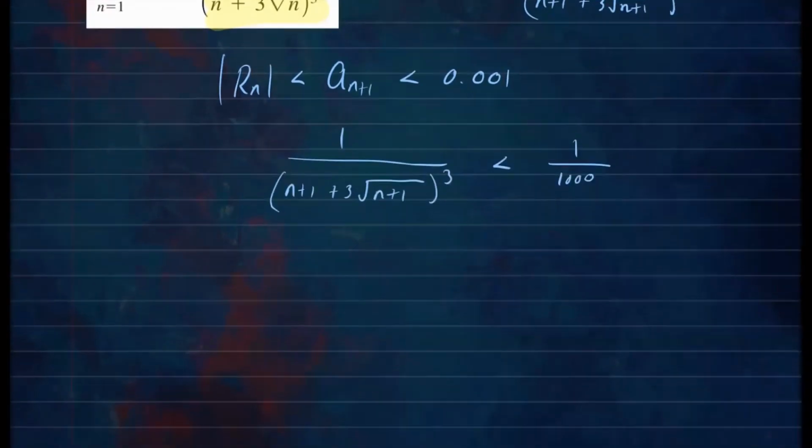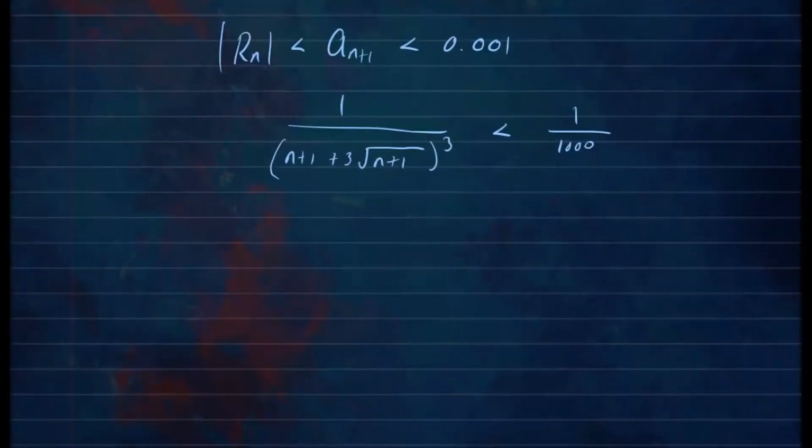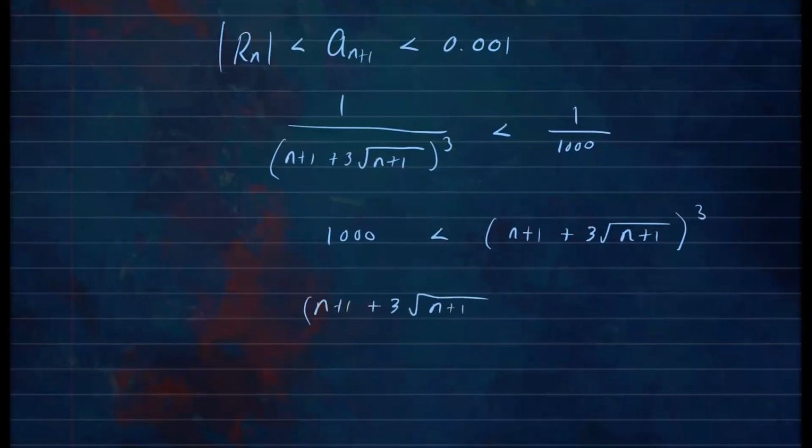And then again, doing the same thing we did earlier, cross multiply. So you have 1,000 that's less than (n+1) plus 3 times the square root of (n+1)³. And then we switch our direction of the inequality. So you have (n+1) plus 3 times the square root of (n+1)³ that's greater than 1,000.